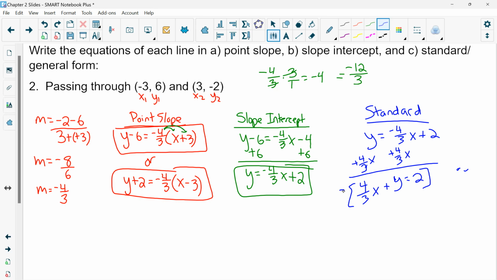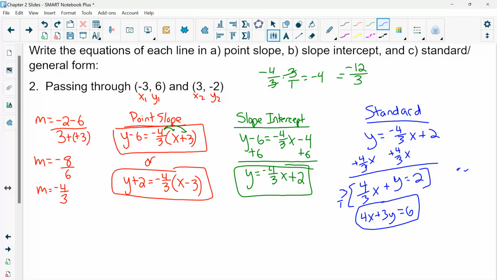So I'm just multiplying this by 3 over 1, and that would give me 12 divided by 3, which is just 4x, or think of it as the 3's canceling, plus 3y equals 3 times 2 is 6. And that is now in standard form.